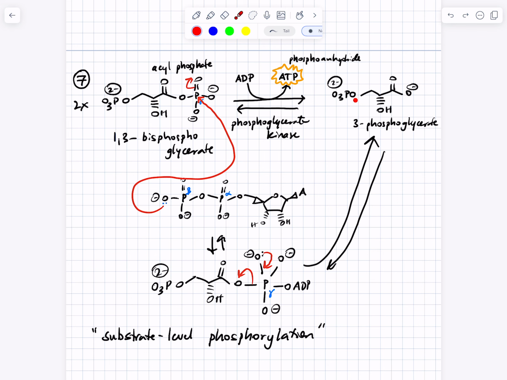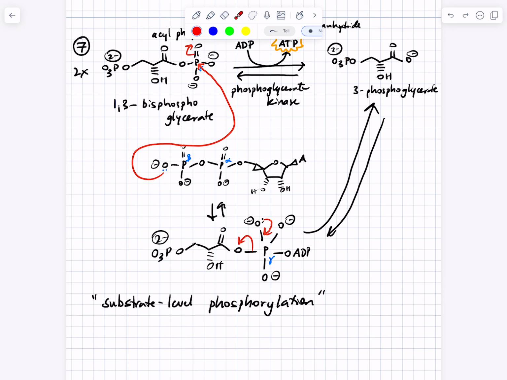We want it to be downhill in direction. So we need to change where that phosphate group is and change its surroundings to put it in as good of a situation as we can possibly engineer so that ADP can attack it and there can be a good leaving group on the other side. Right now it's not in a good spot.